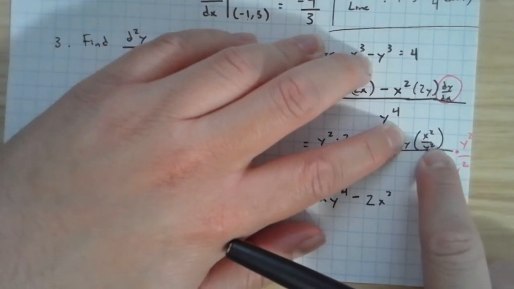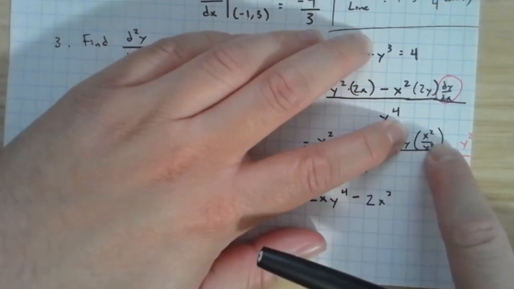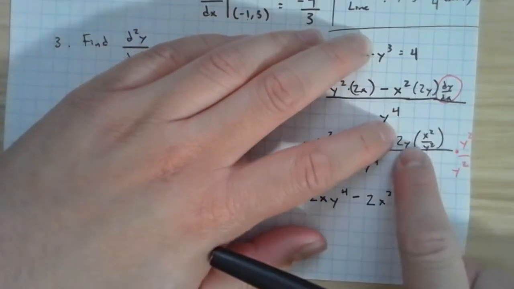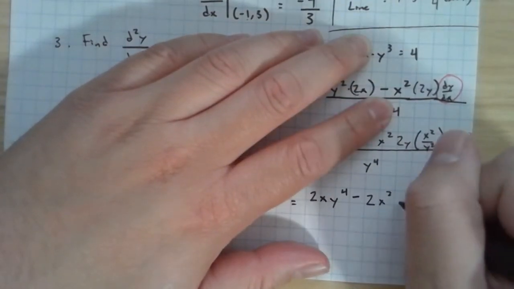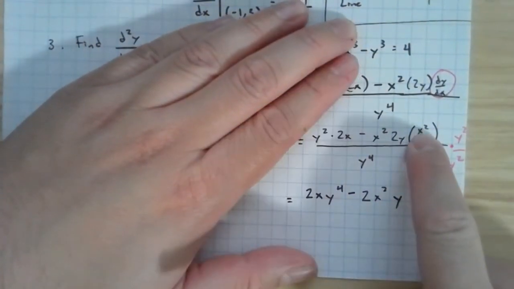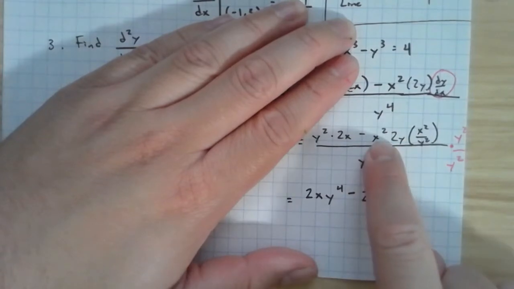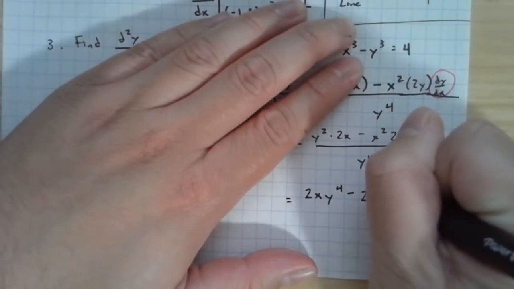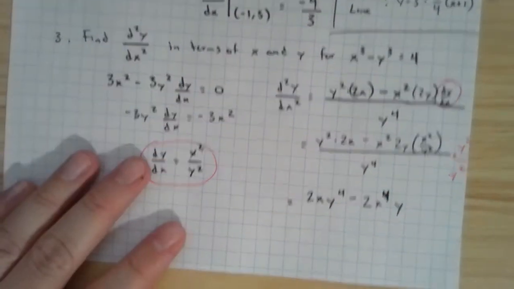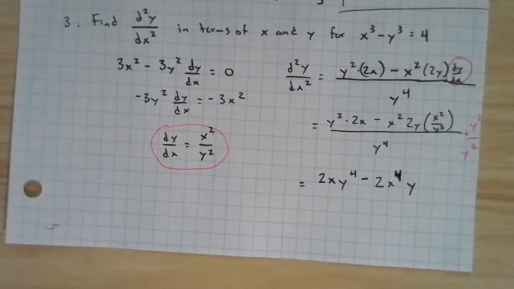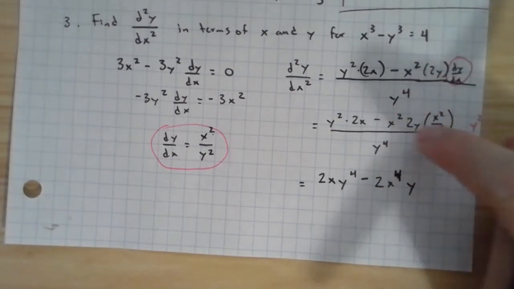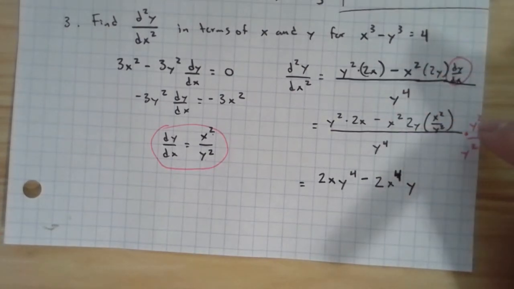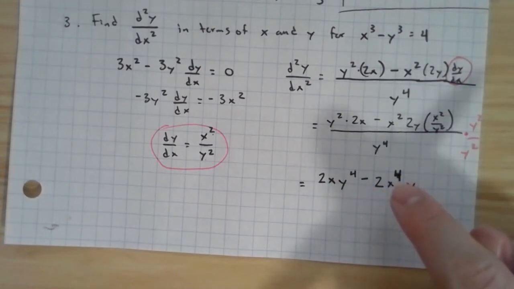If I multiply all this right here by y squared, notice that the y squareds are going to cancel out. But you still have this y. This y will stay. But then the x squared that's still there times this x squared, I'm actually going to make this one here a 4. Whoops. So when I clean all that up, this second term right here, I'm going to get just 2x to the fourth y.